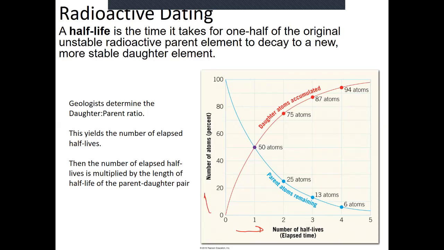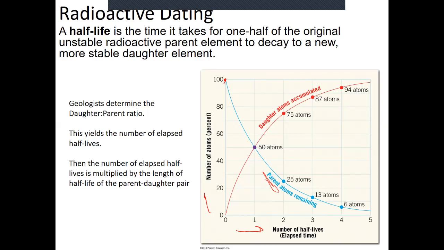So initially, at time t equals 0, 100% of the atoms are the parent, the radioactive parent. After one half-life, half of the parent decays away. So half of 100 is 50. So 50 of the parents decay away.